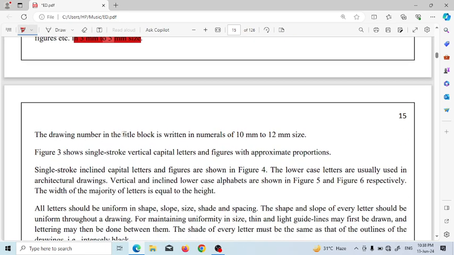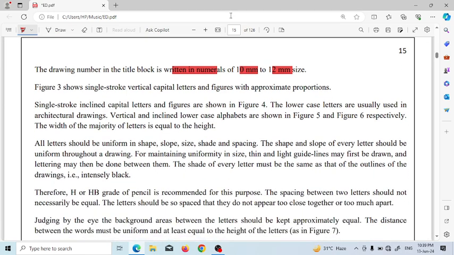Next, the drawing number in the title block is written in numerals of 10 mm to 12 mm size. Figure 3 shows single stroke vertical capital letters and figures with approximate proportion.